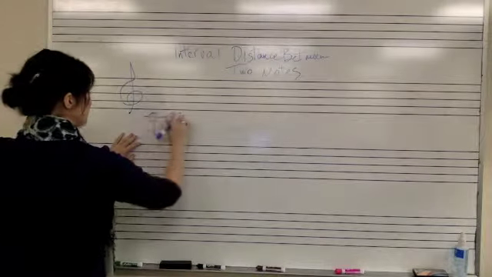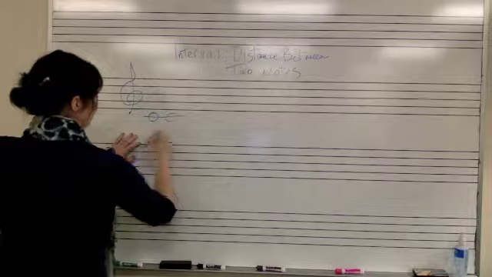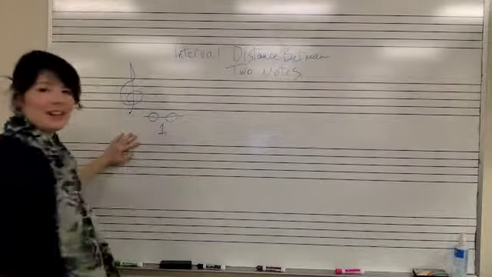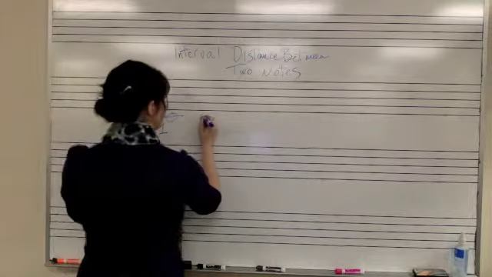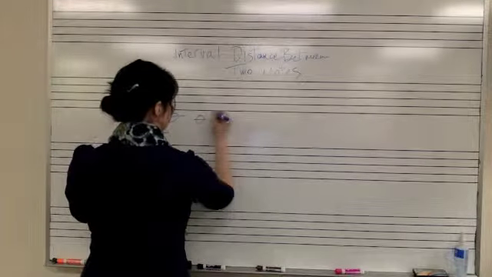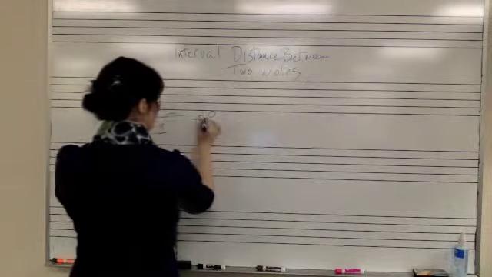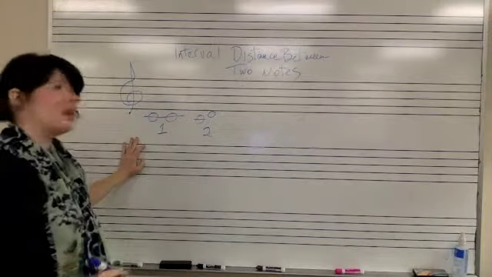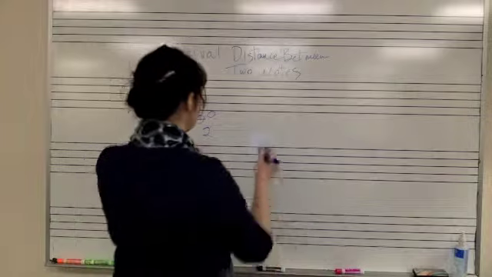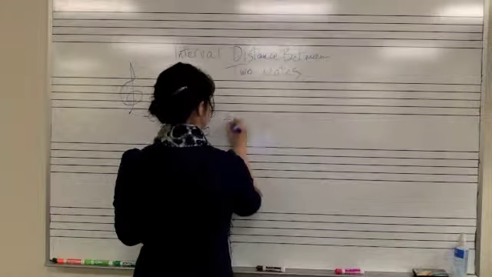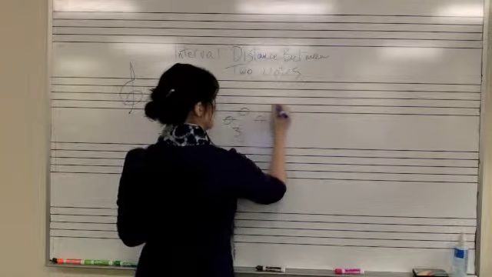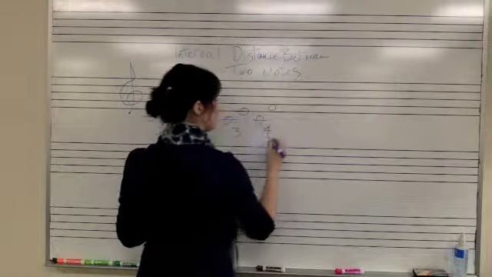So from C to C, it's a space of 1. The interval between C and D is 1, 2. So that interval is 2. If we keep going up, between C and E is 3. C and F is a space of 4, right?